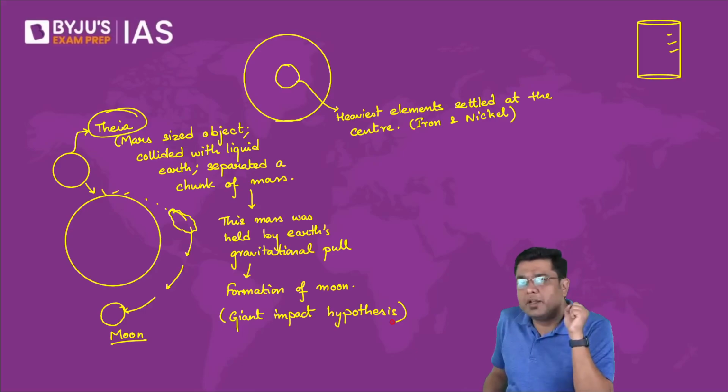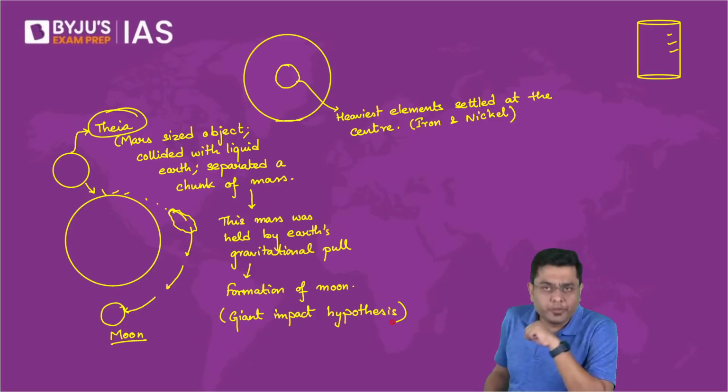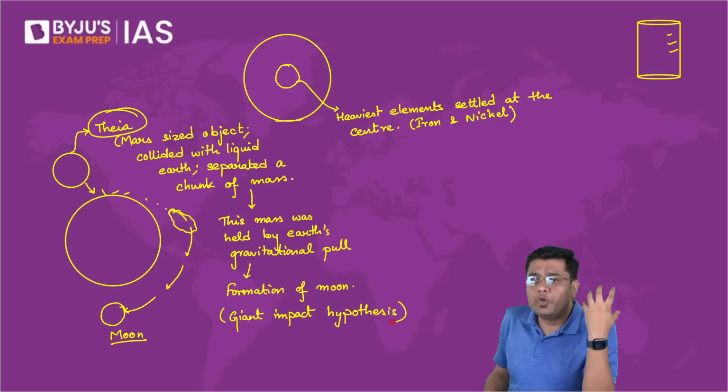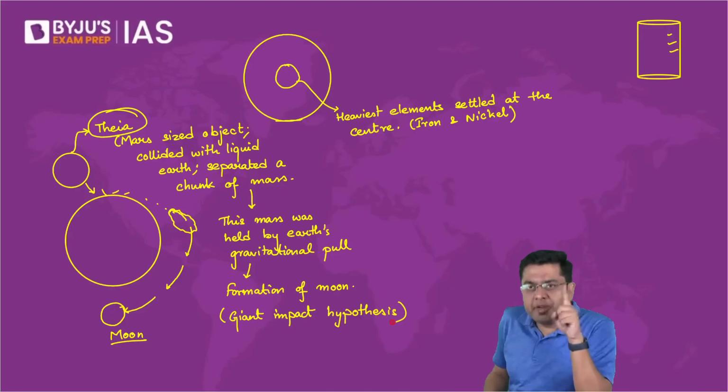So more particles would be attracted, more collisions would take place, size continued to increase, and with every collision, heat would be produced. And that heat eventually led to the molten form of planet Earth, whereby the heaviest elements, nickel and iron, would settle at the center.